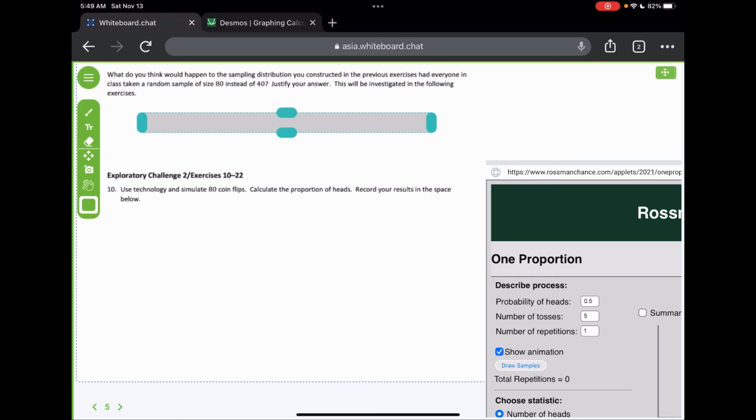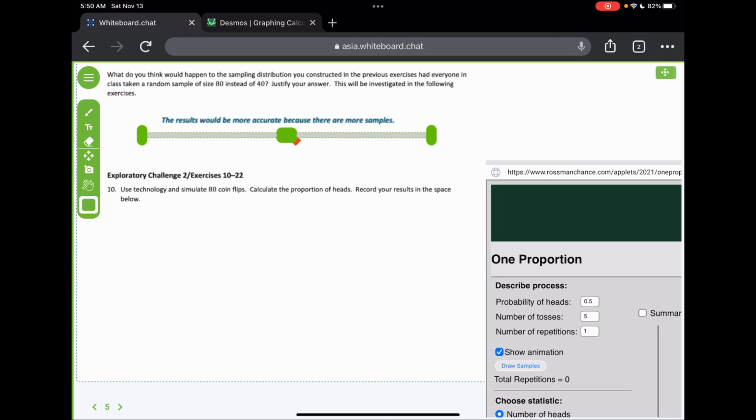If I up my sample size, what's going to happen? Well, if you up it, you're getting closer to the actual population. So the result would be more accurate because there are more samples. What if there were only, let's say, 100 students in the school, and we just took a sample of 40?